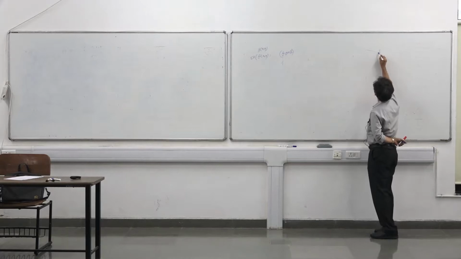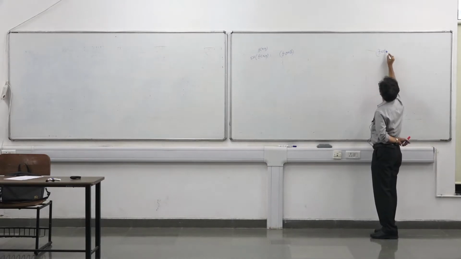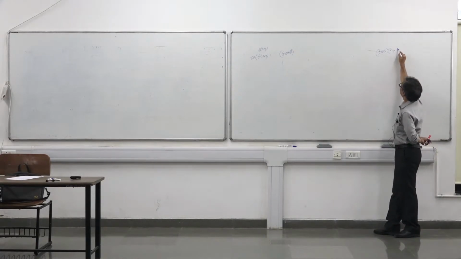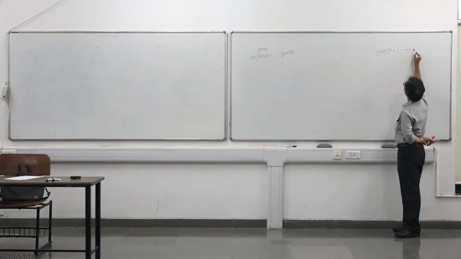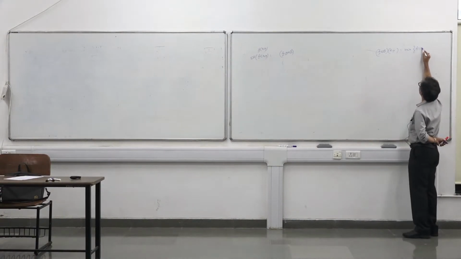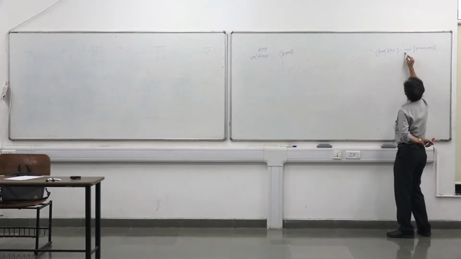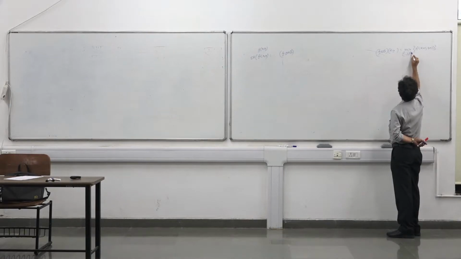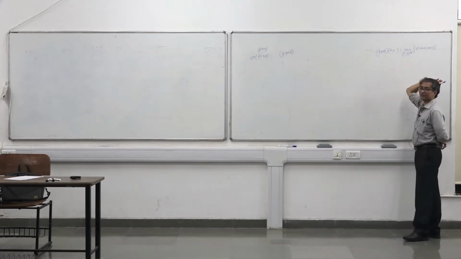Remember the equation that I have shown: minimum of f(x+i, y+j), where (i,j) belong to B. This is the equation we use.